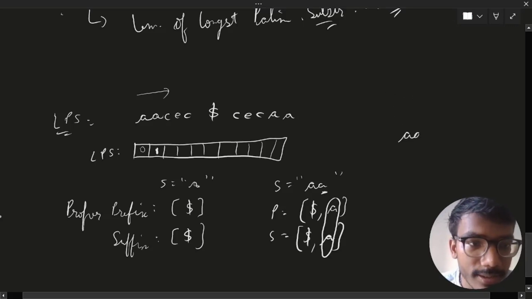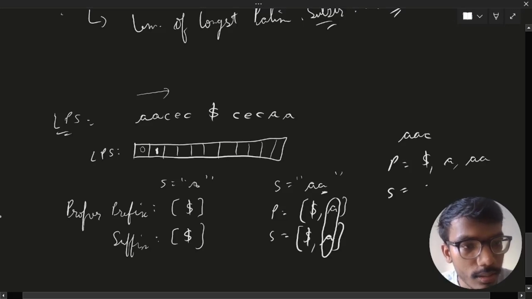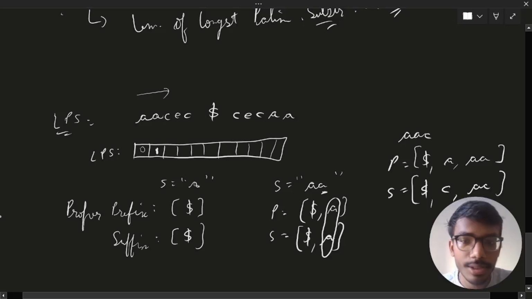So if I pick AAC, what is the value of prefix and what is the value of suffix? The prefix is dollar, A, AA, and the suffix is dollar, C, AC. Am I having a match? No, I'm not having a match, so it is zero.